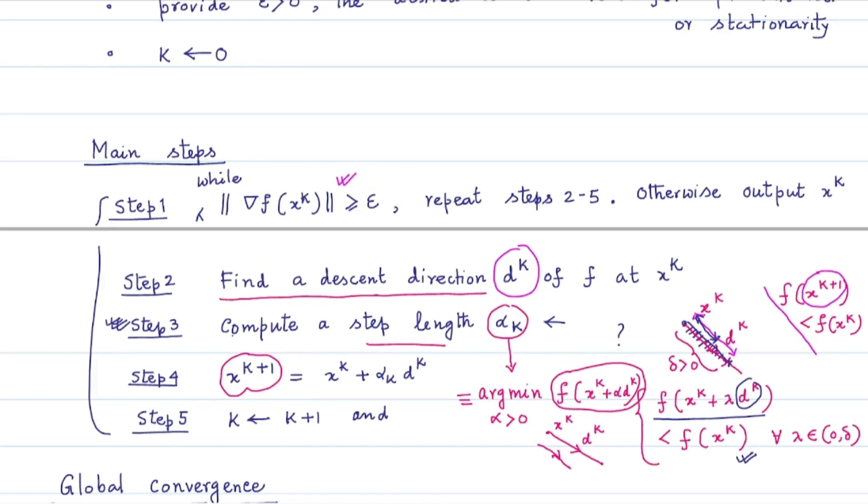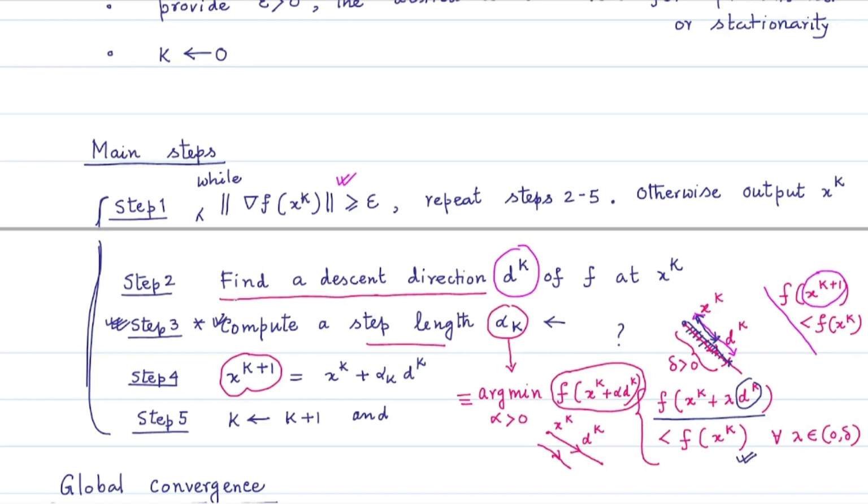And hence the computational cost required for step 3 gets multiplied with the computational cost that is required in the entire algorithm. Hence we commonly avoid exact line searches, and rather we go for an inexact line search where we just choose some alpha k in step 3 that satisfies just a mathematical condition, so that no loop or iterative process is required to resolve step 3.